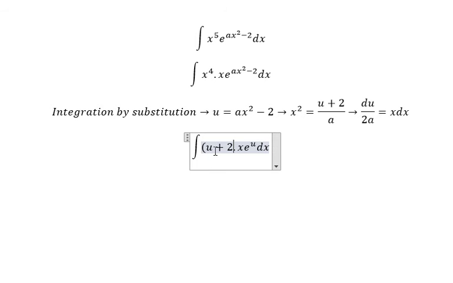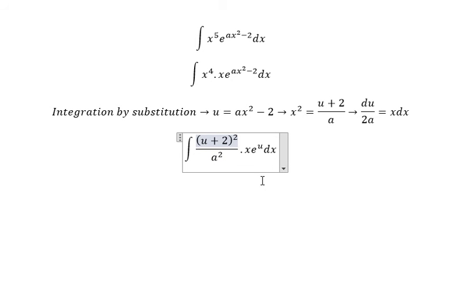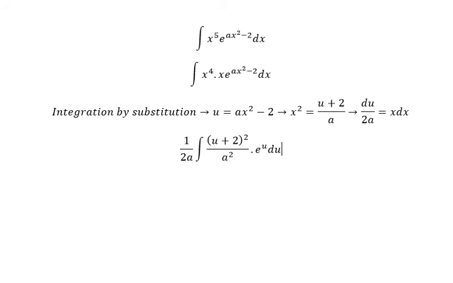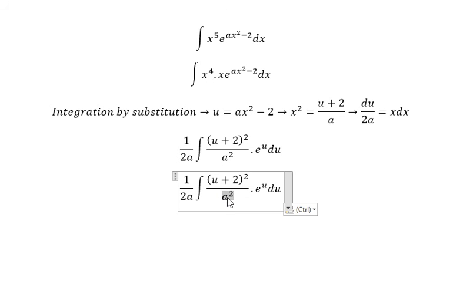u plus 2 over a, everything to the power of 2. x dx, we change for this one. Next, we put a square on here, and you got 2a to the power of 3.